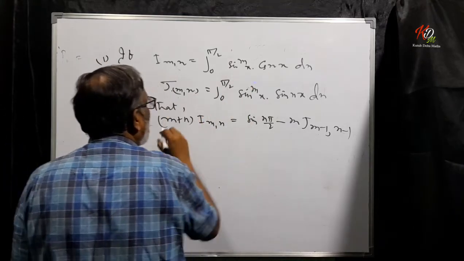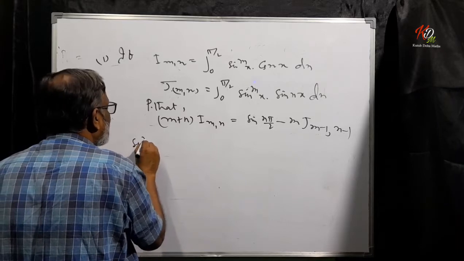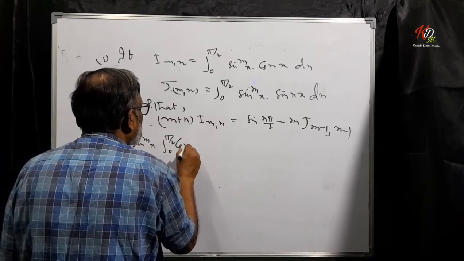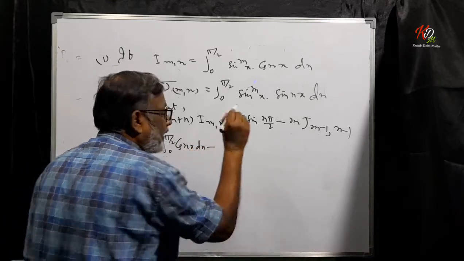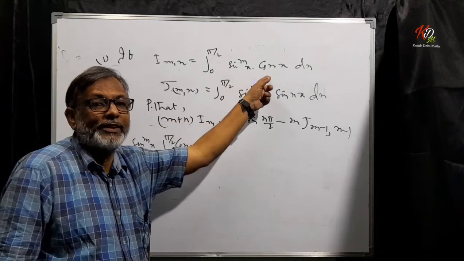Now integrating by parts, sin to the power m x from 0 to pi by 2 times cos nx dx, where this is u and this is v.